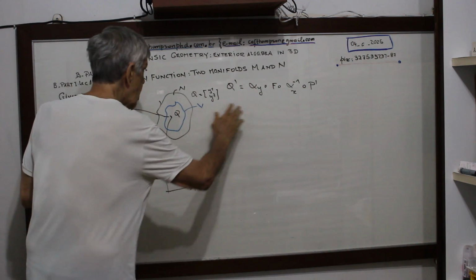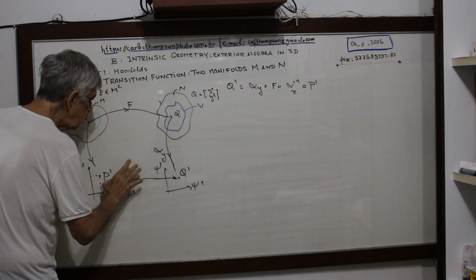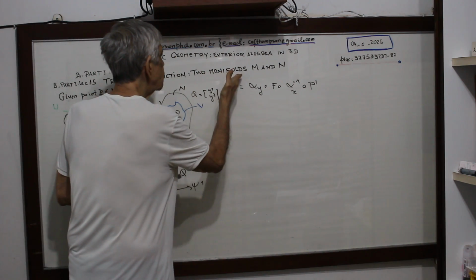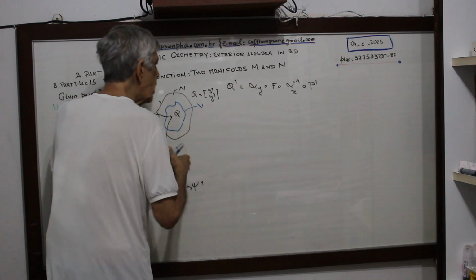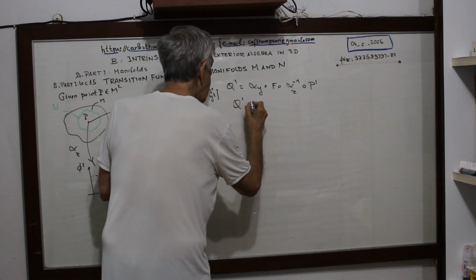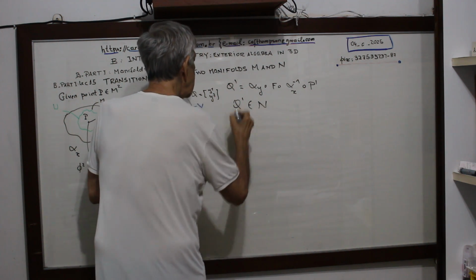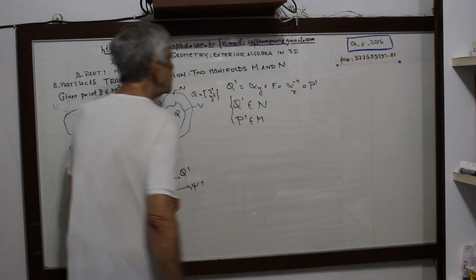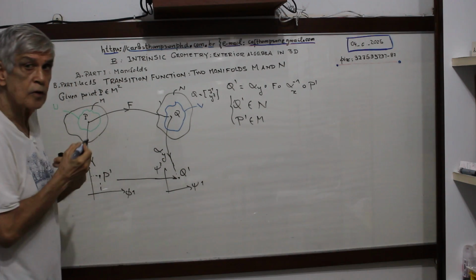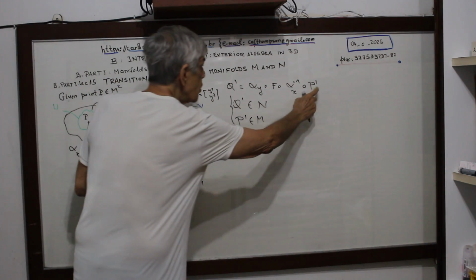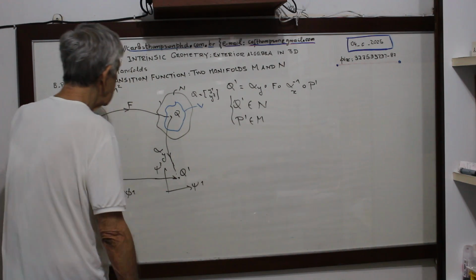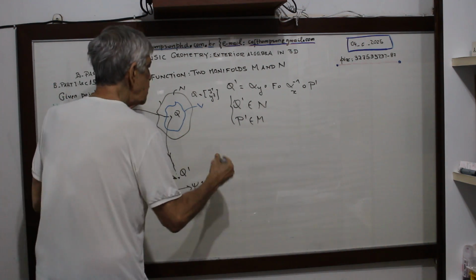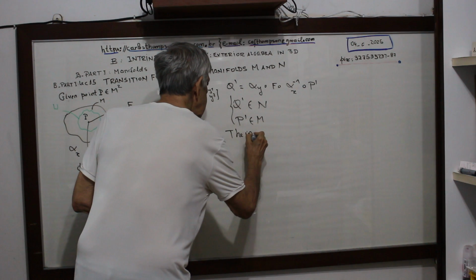That's why I relate this point here with this point over there. This is the transition function between manifolds M and N. Q prime, don't forget, Q prime belongs to N. And P prime belongs to M. See? So if I want the inverse, I just write here first Q prime. So the inverse, I'll write here.